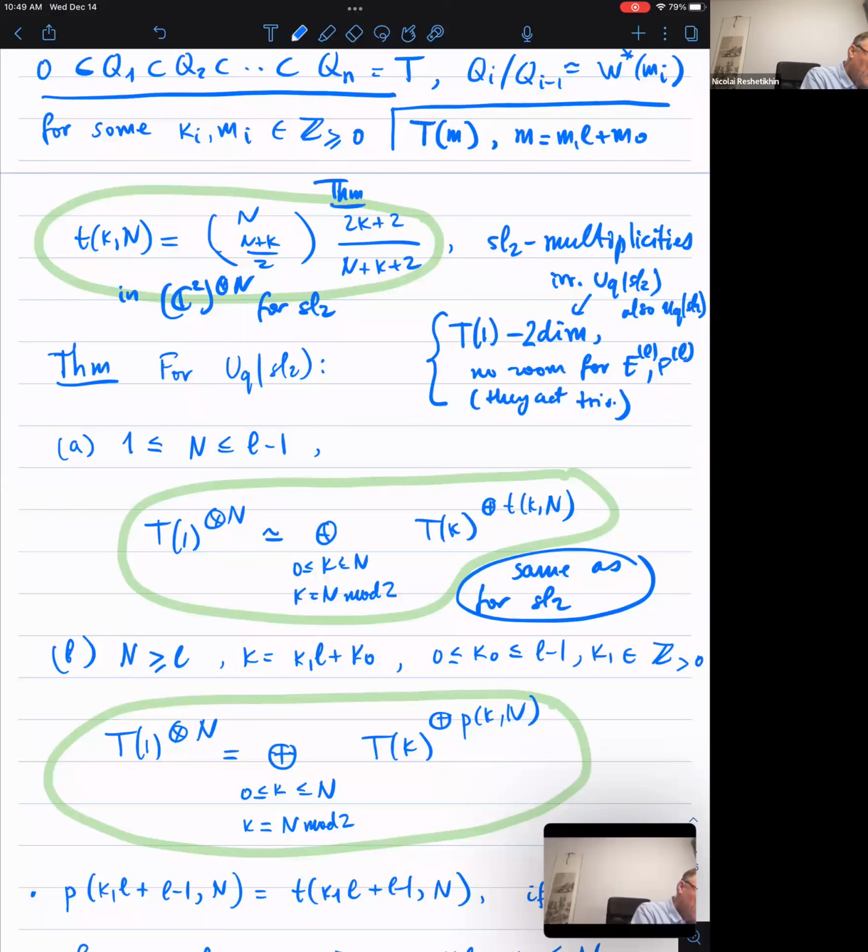Theorem: tilting modules form a subcategory in the category of finite dimensional U_q(sl2) modules, and this subcategory is monoidal.